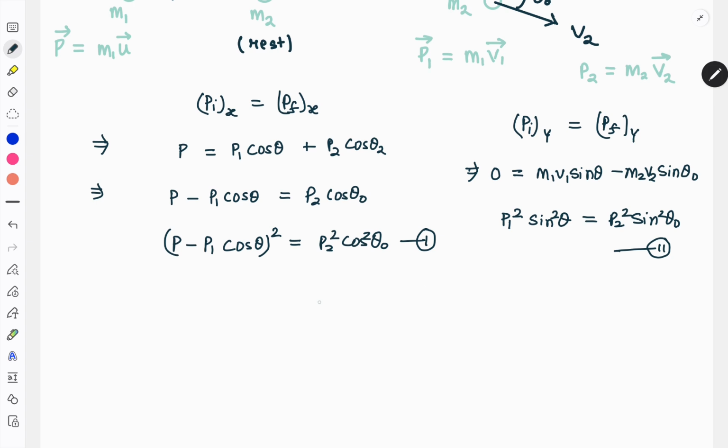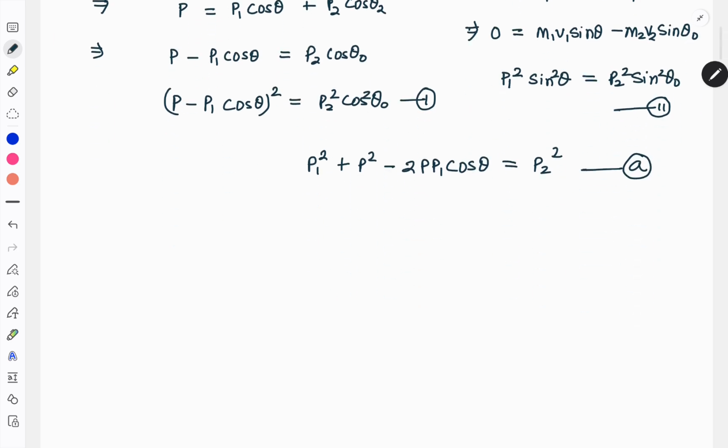Therefore, from equations 1 and 2, we can write p1 squared plus p squared minus 2 p p1 cos theta is equal to p2 squared. We opened the bracket: p squared plus p1 squared cos squared theta minus 2 p p1 cos theta plus p1 squared sine squared theta on the left hand side, and on the right hand side sine squared plus cos squared is 1, so we obtained p2 squared. This we refer to as equation A.